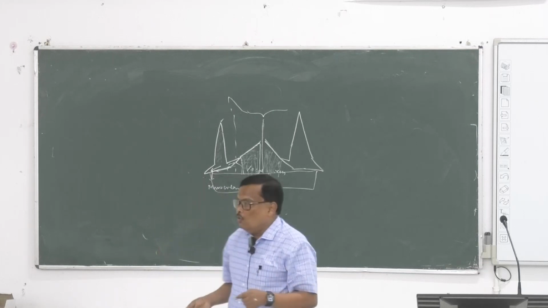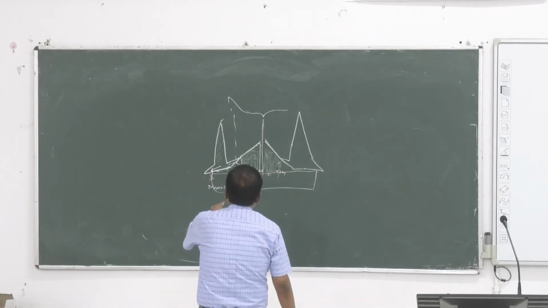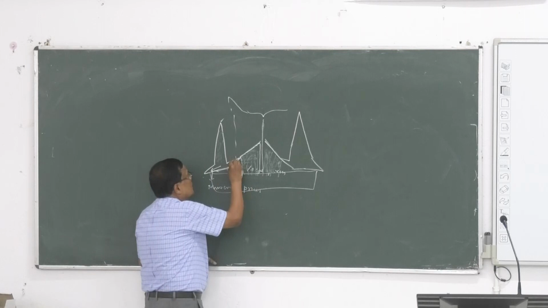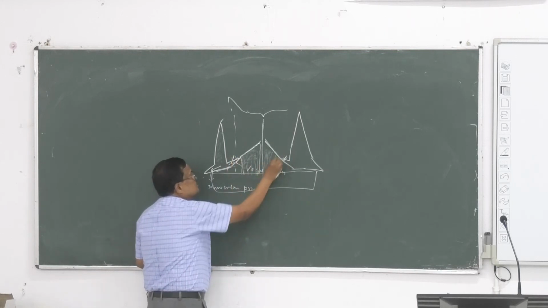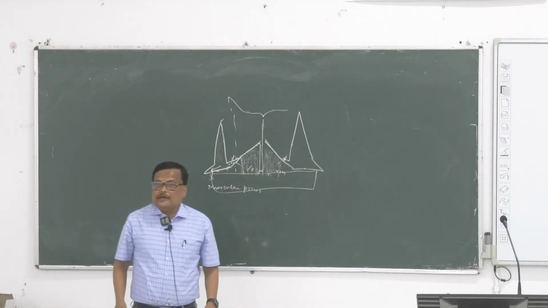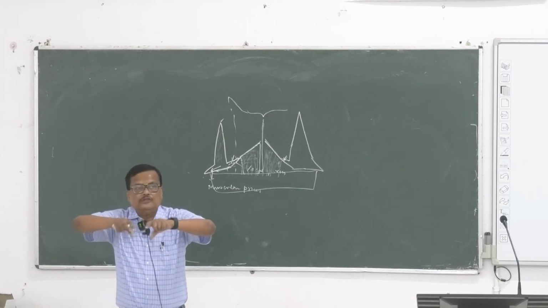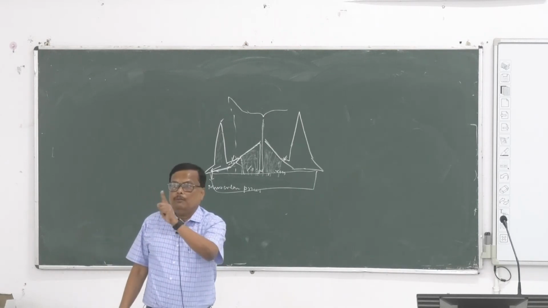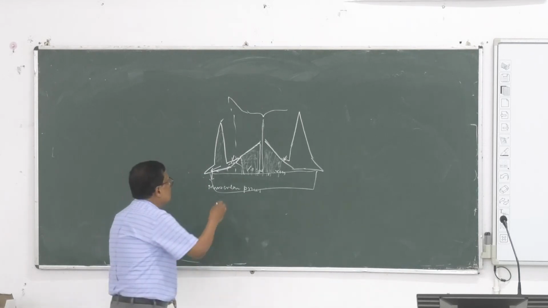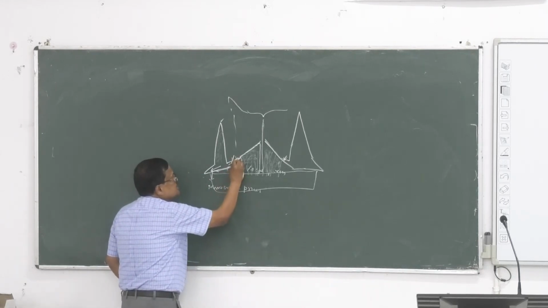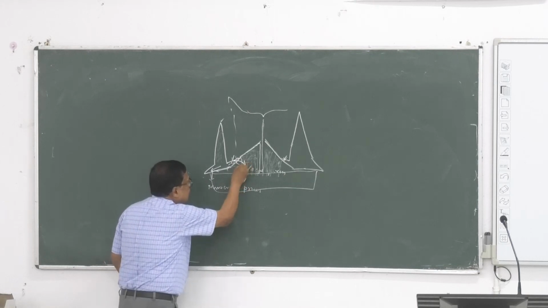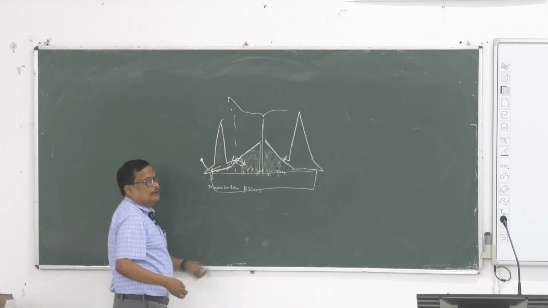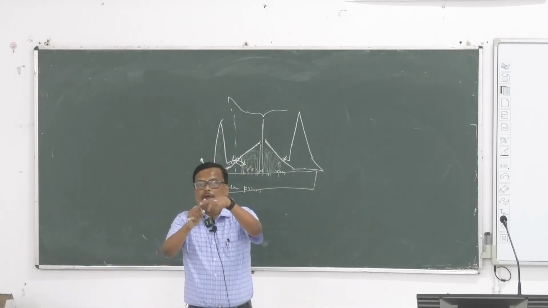Next, for movement of the vocal cord, vocal process movement is necessary. That is, the arytenoid cartilage must move. And you must remember this. This is the vocal process.